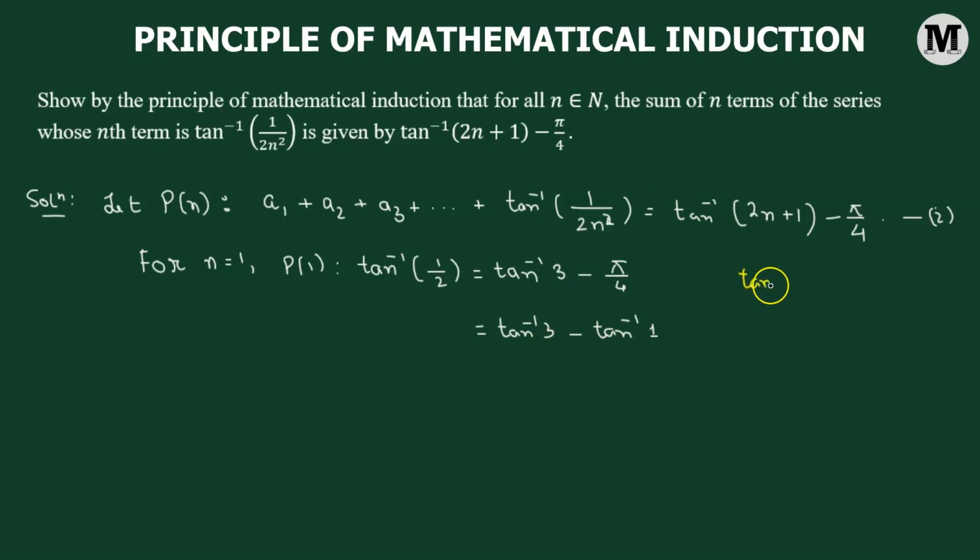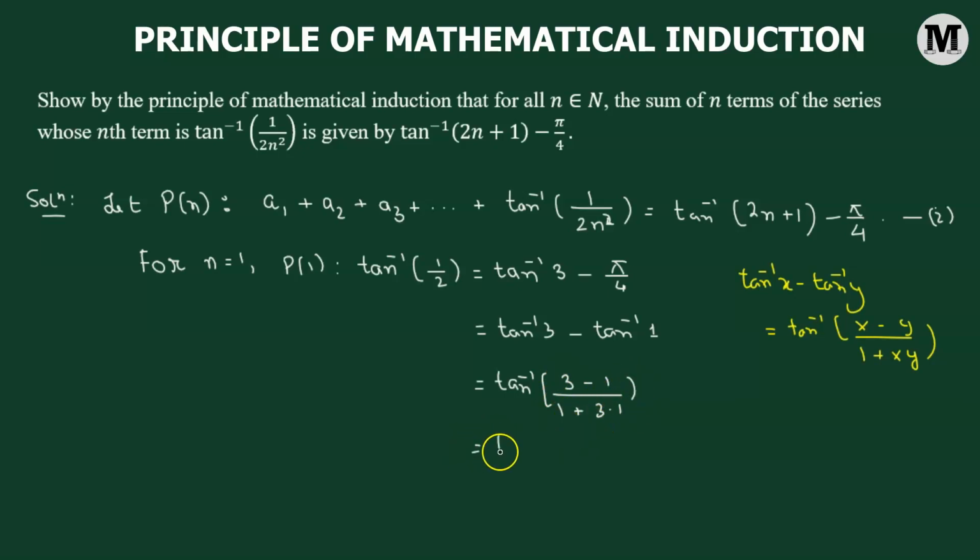If we have tangent inverse of x minus tangent inverse of y, this is given by the inverse tangent of x minus y divided by 1 plus x times y. In our case, x is 3 and y is 1, so we have 3 minus 1 divided by 1 plus 3 multiplied by 1.